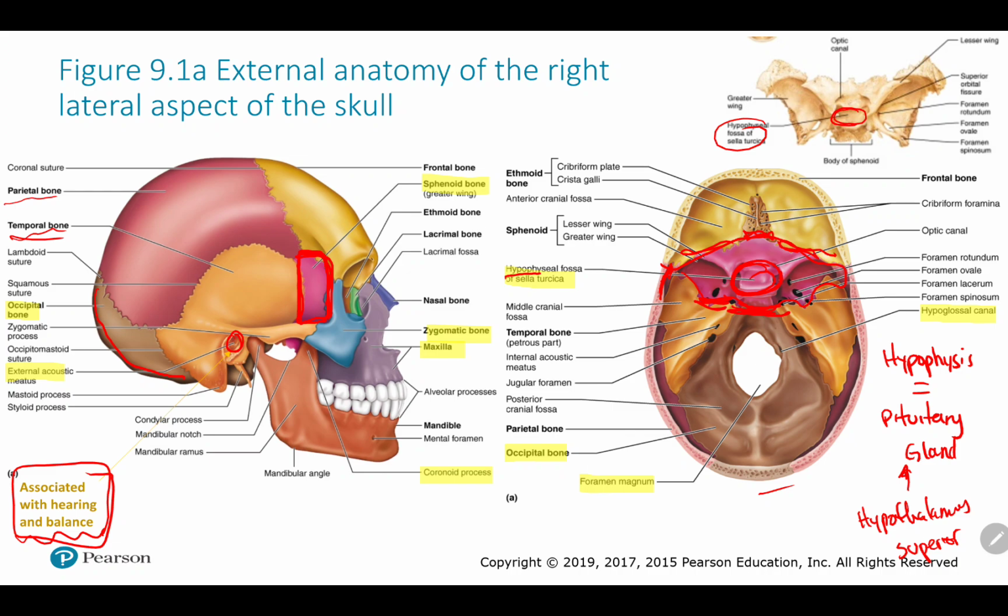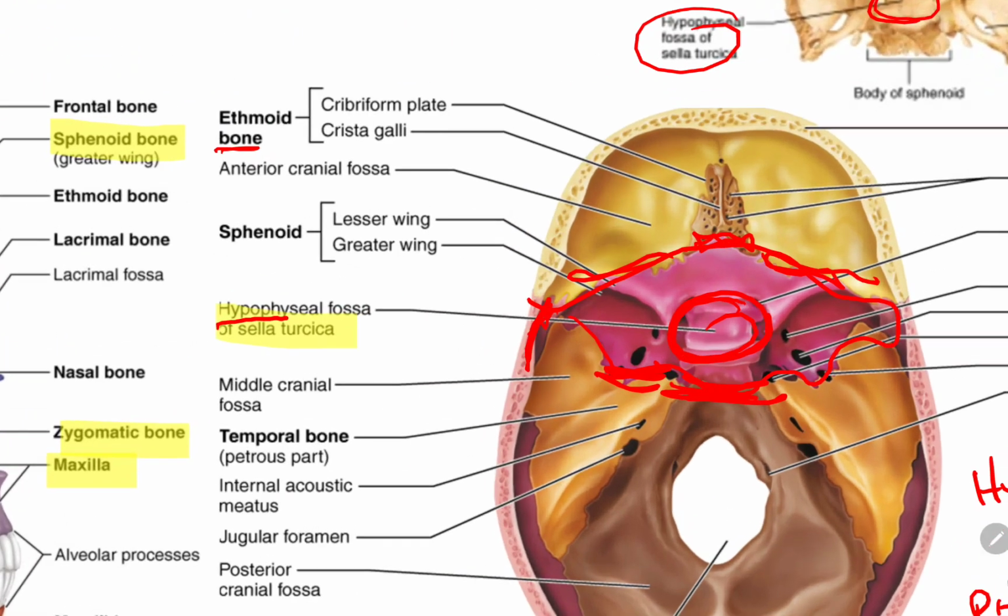Okay, so let me now touch on the ethmoid bone. Let's zoom in a little bit. You have this crista galli that separates the left and the right. And you have this cribriform plate. On this cribriform plate, the olfactory nerves come from your nose and enter the brain.